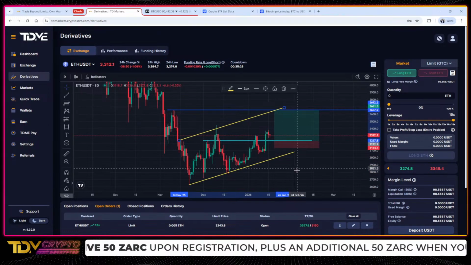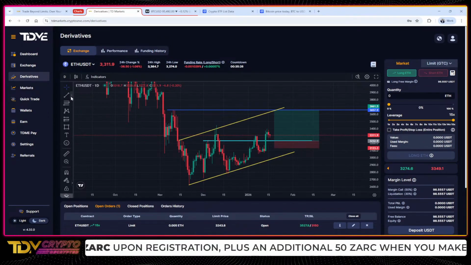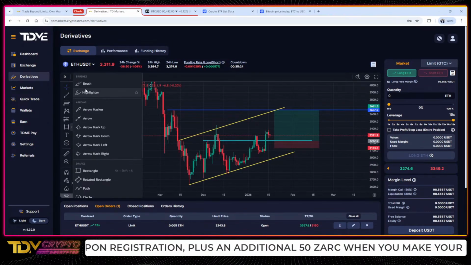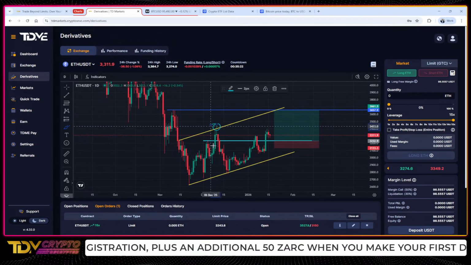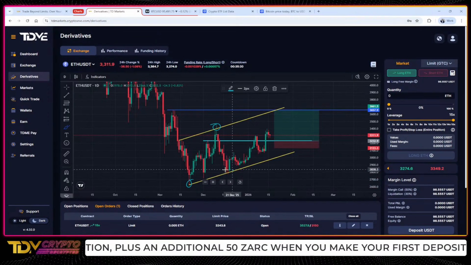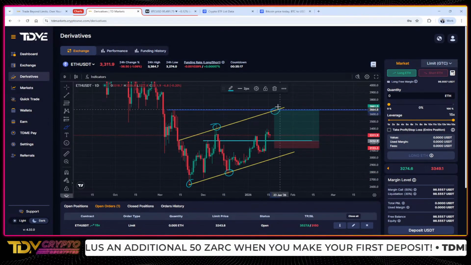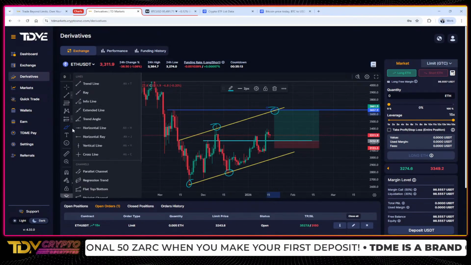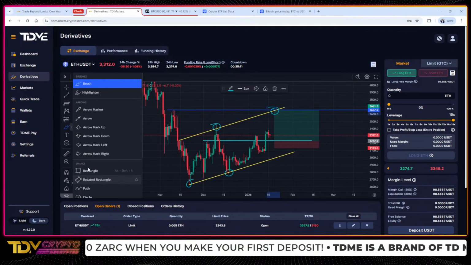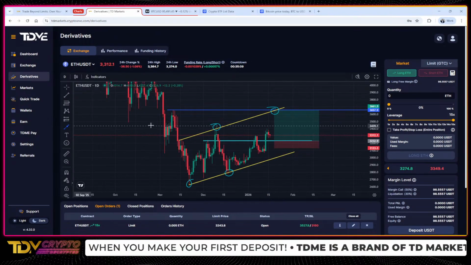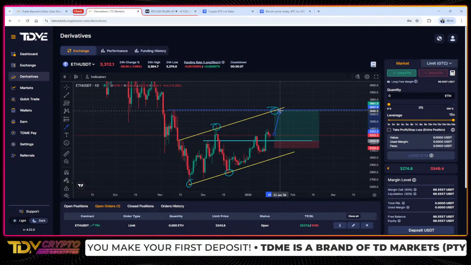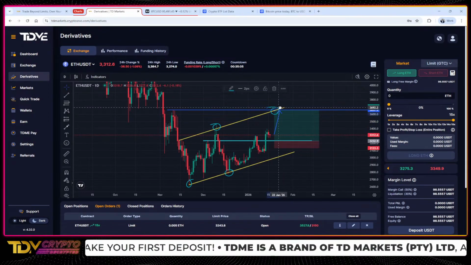Now we are looking at price going back to where it's coming from. Look at how it's creating a nice support and resistance. So the idea is we are looking for price to go back to that top from a technical point of view.